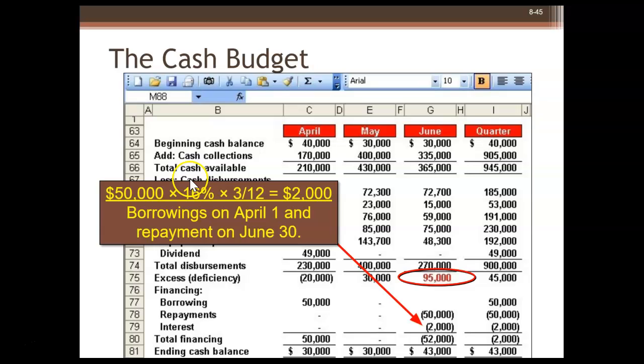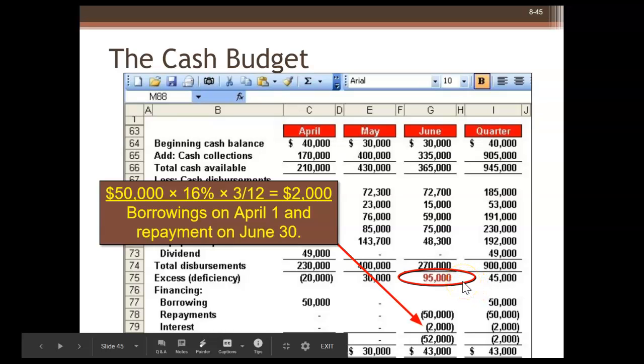So 50,000 times 16% times 3/12 is $2,000 of interest. So from that 95, we're going to pay back 50 that we borrowed plus the 2,000 of interest. So our total repayments are going to be 52,000, and we were left with $43,000 in the end.